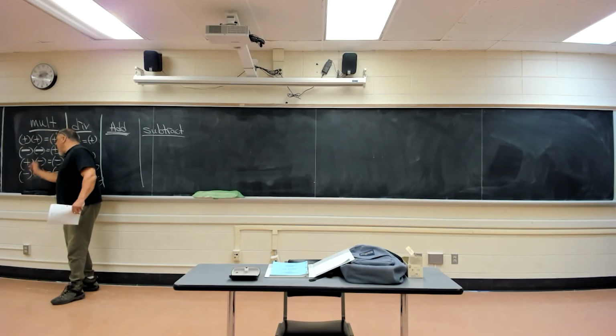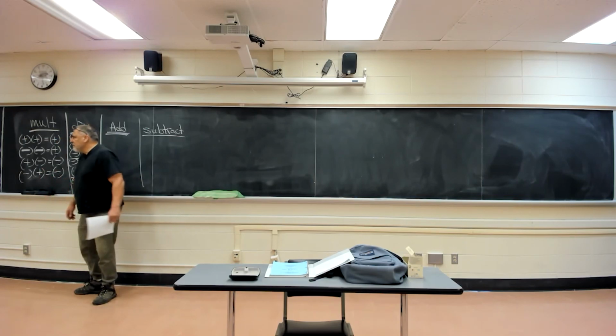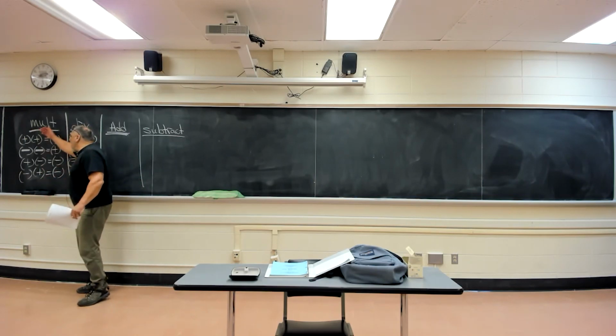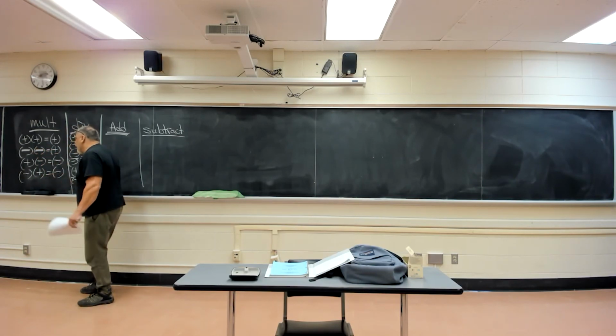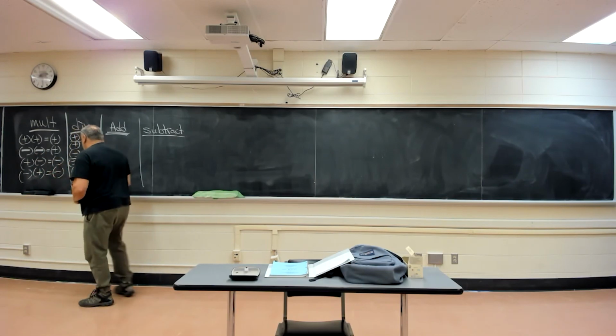If you multiply any two real numbers of opposite sign, you get a negative answer. Say that again: same sign, positive answer; opposite signs, negative answer.